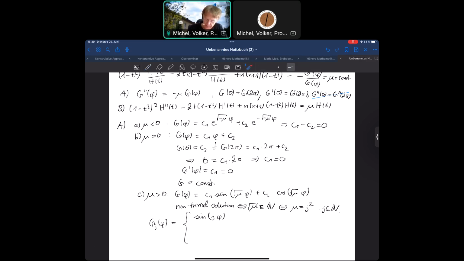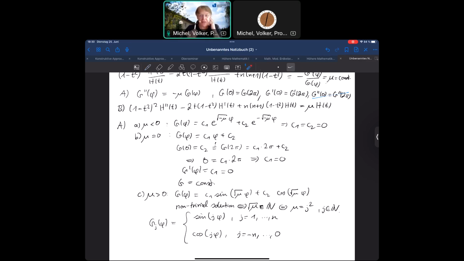Remember, the square root of mu would be j again, and that's for j equals 1 to n, and the other one would be cosine of j phi, for j equals minus n up to 0. So that's certainly one way of doing it. You can also take sine of j phi for j running from 1 to 2n+1. It doesn't matter. I need 2n+1 functions, first of all.